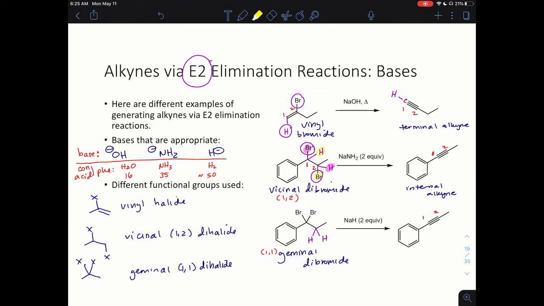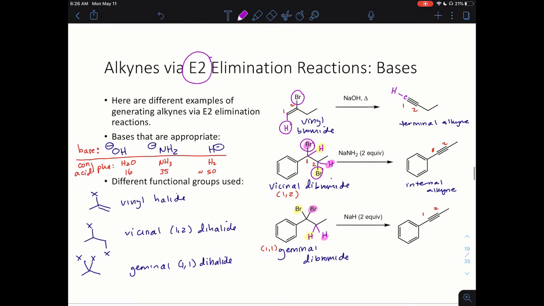Again, we eliminate 2 equivalents of HBr to generate, in this case, the internal alkyne. So these 3 functional groups can be used, and then as far as which bases, I've listed them here. These are the bases that can be used. They are strong bases. I've also listed their conjugate acid pKa's just to demonstrate how weak their conjugate acids are, so how strong the bases are.